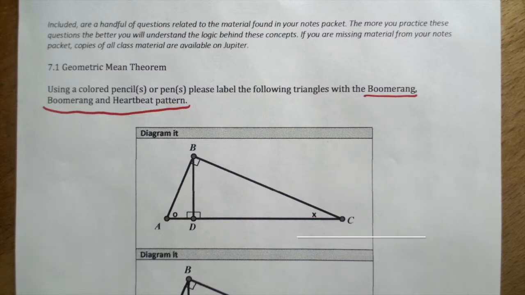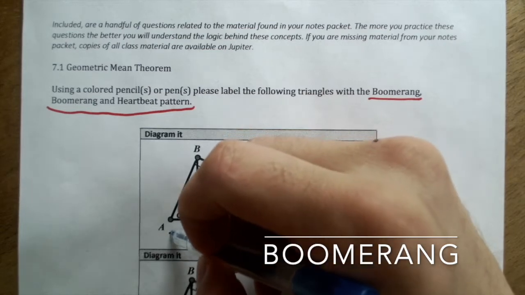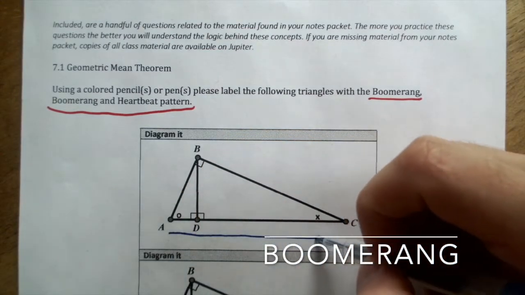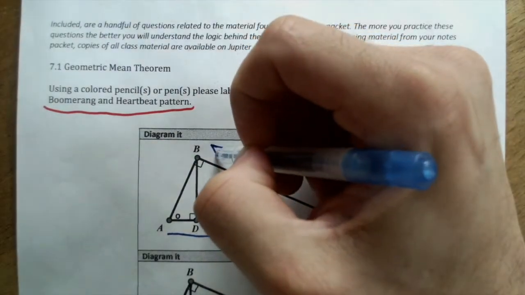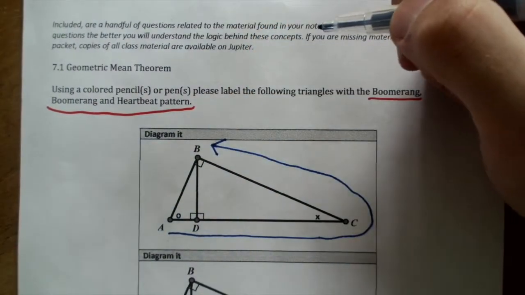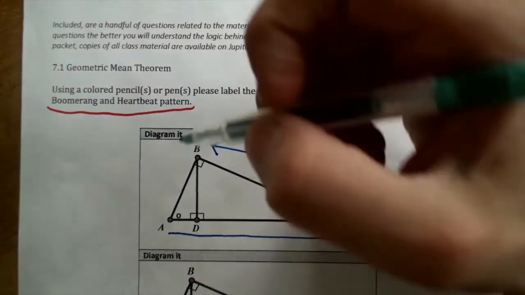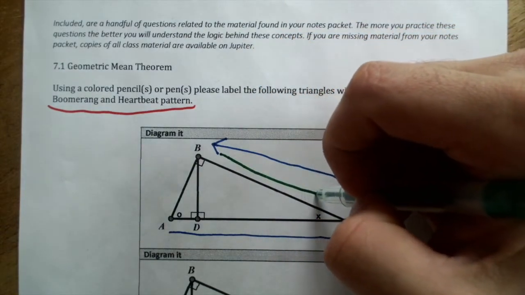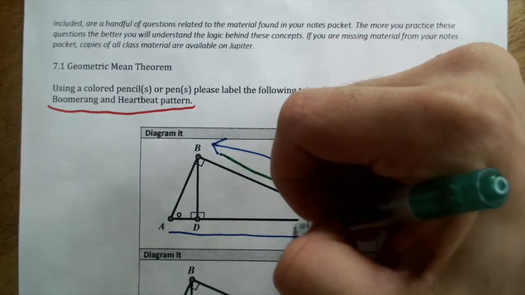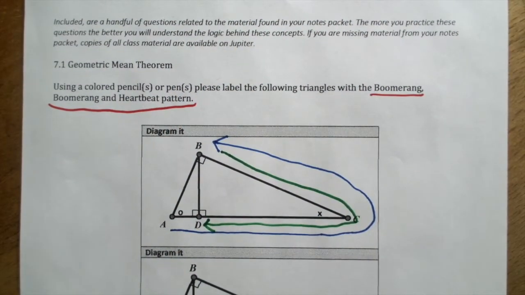Our boomerang pattern was when we went from our longest side, came around to our medium side of our exterior figure, and then went from our longest side, stopping in the center here, at our medium side.